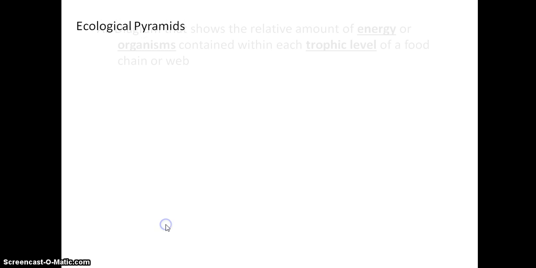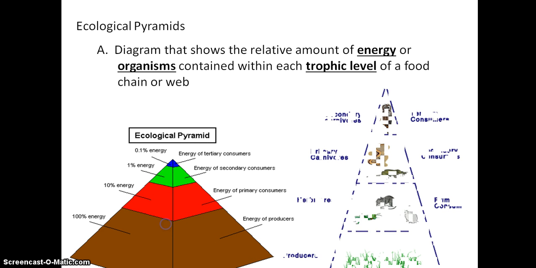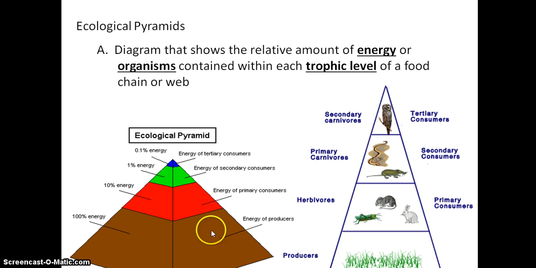Ecological pyramids. A diagram that shows the relative amount of energy or organisms contained within each trophic level of a food chain or web. Here we have two different representations, and they're showing you that it's very broad in the bottom, but it narrows to the top.